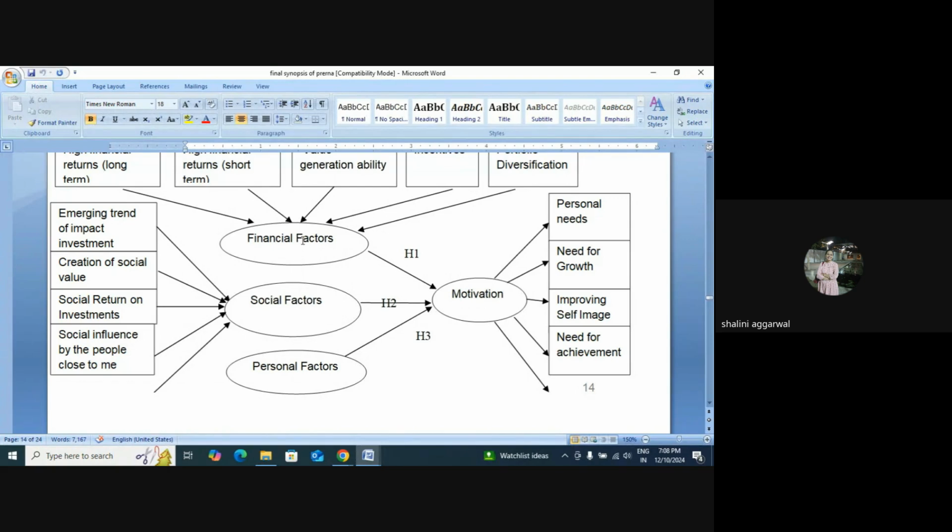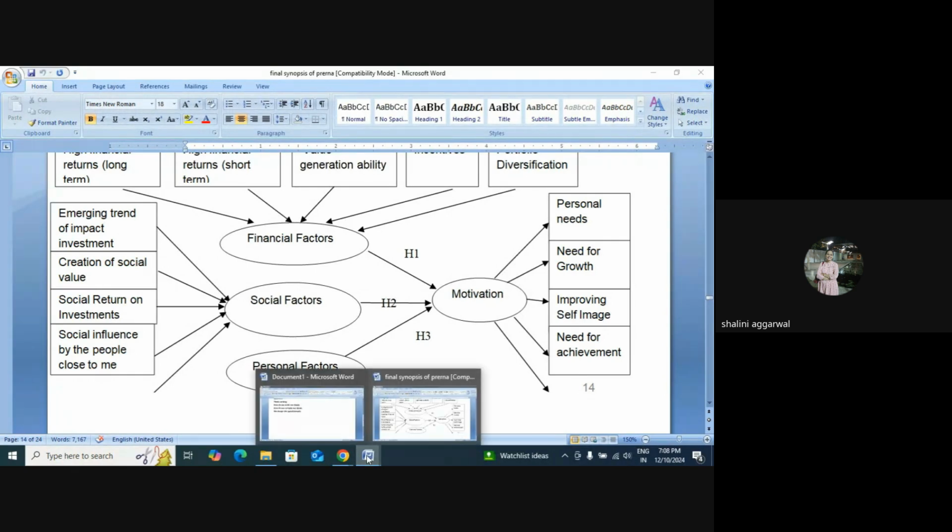So we can say these are the variables. While designing the questionnaire, we will write statements with respect to financial factors, social factors, personal factors, and motivational factors, right?